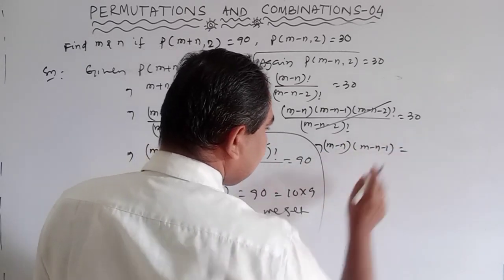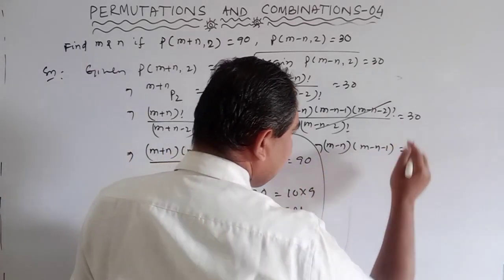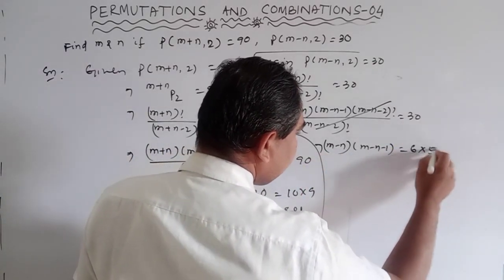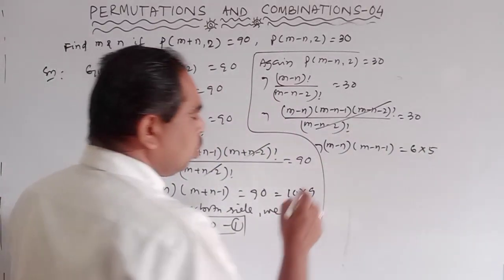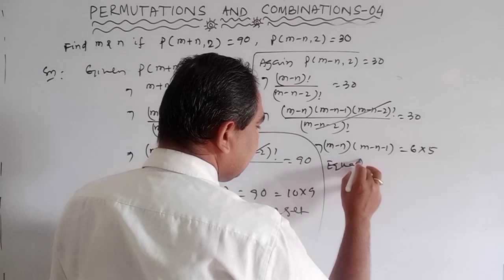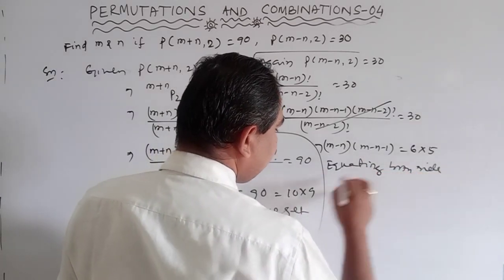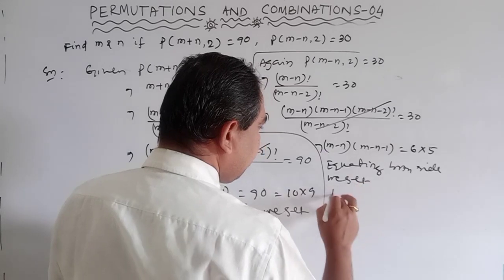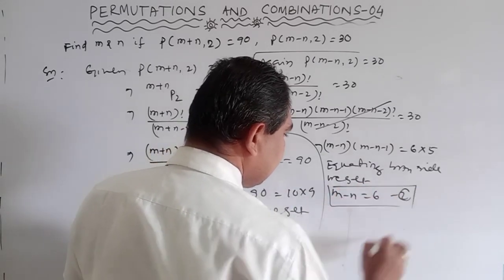So express 30 as the product of two consecutive numbers. The first one is greater than the second one. So 30 means 6 into 5, and 6 and 5 are two consecutive numbers. So equating both sides, we get m minus n is equal to 6. Equation 2: m minus n is equal to 6.